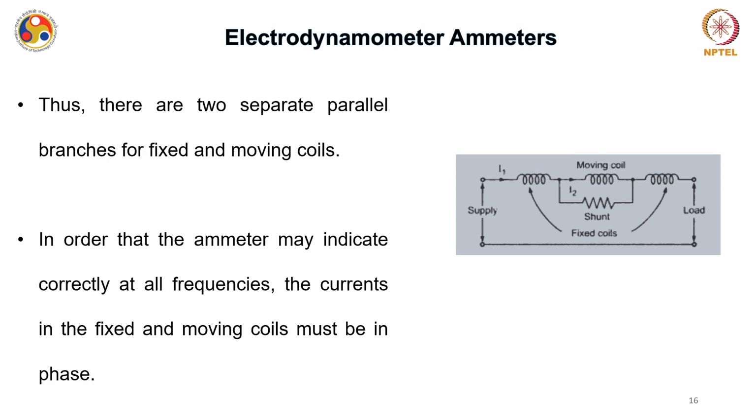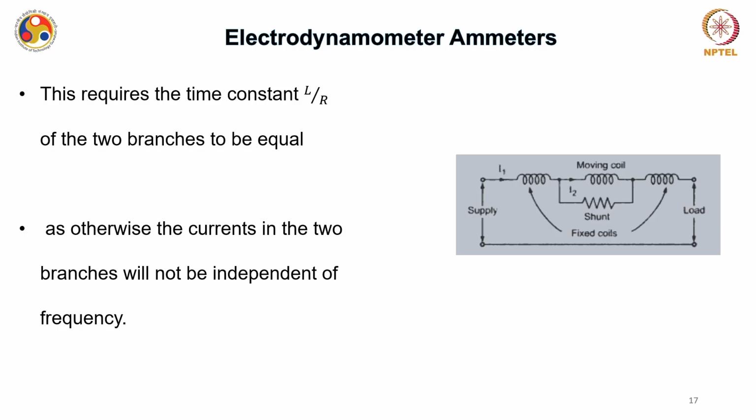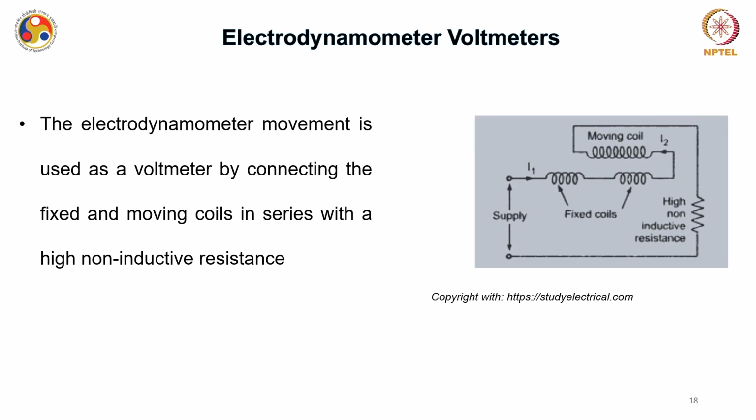So, there are now two separate parallel branches for fixed and moving coils, and in order that the ammeter may indicate correctly at all frequencies, the current in the fixed coil and the moving coil must be in phase. This requires the time constant, L by R, of the two branches to be equal. Otherwise the currents in the two branches will not be independent of the frequency, and they may denote erroneous values.